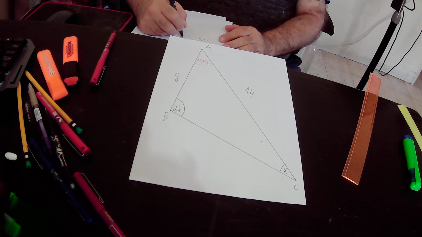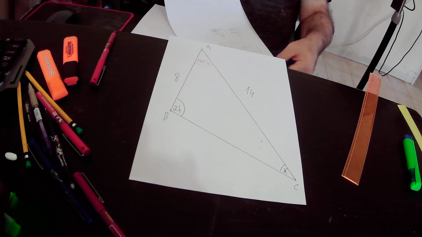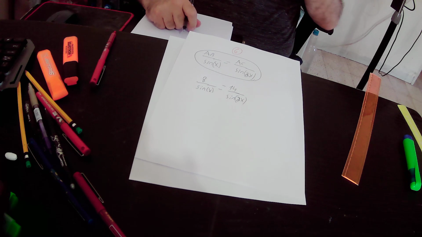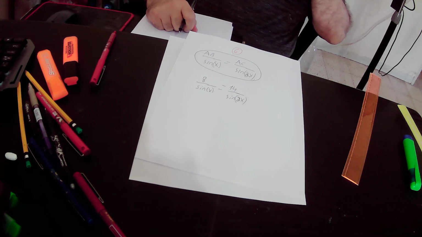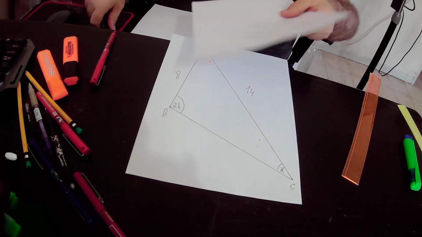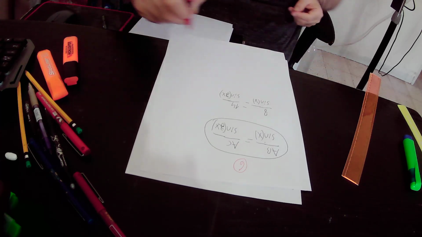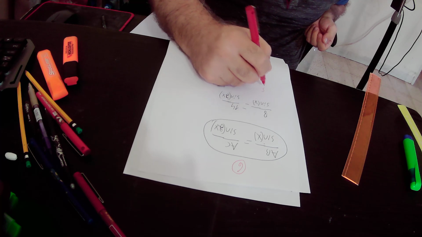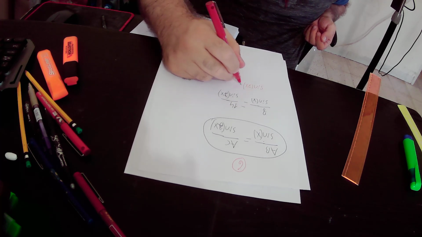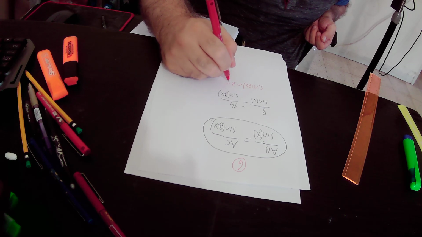Okay, so we found out that 8 over sine x equals 14 over sine 2x. Here we have a trigonometric identity for the value of sine 2x. According to the trigonometric identity, the value of sine 2x is equal to 2 sine x cosine x.